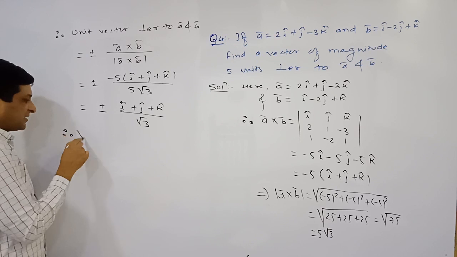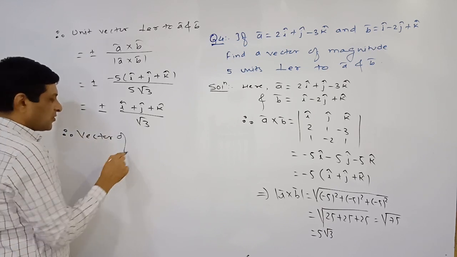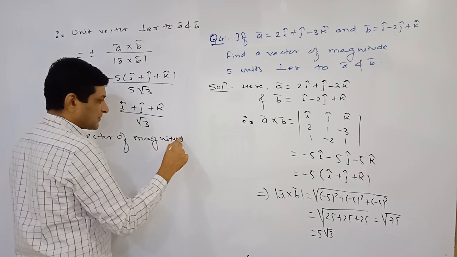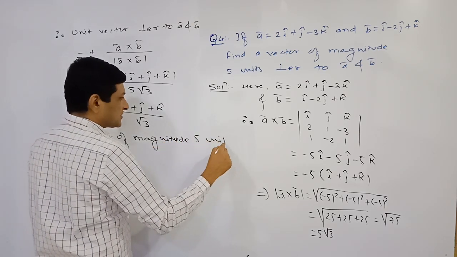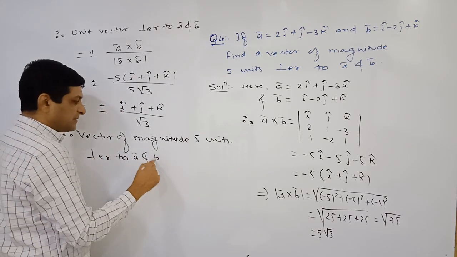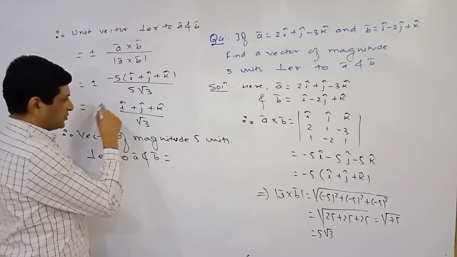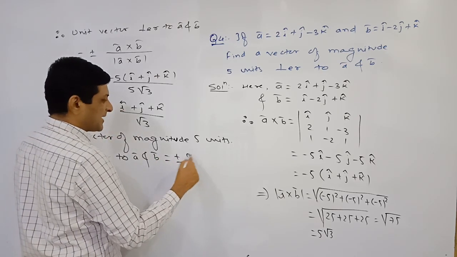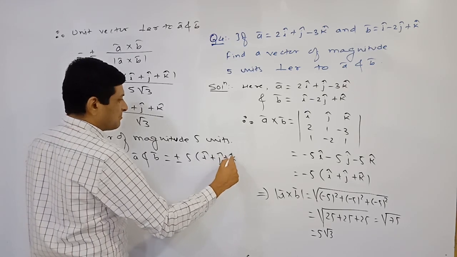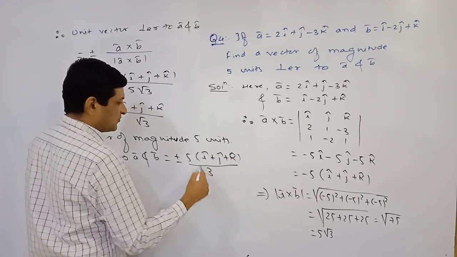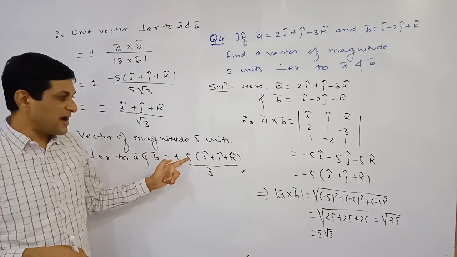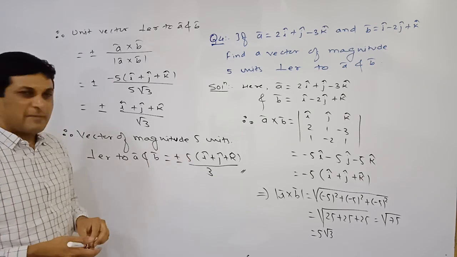So therefore the vector of magnitude 5 units perpendicular to a bar and b bar is equal to this unit vector multiplied by 5. So here, 5 times I cap plus j cap plus k cap upon root 3 will be the required vector of magnitude 5 units and perpendicular to a bar and b bar.